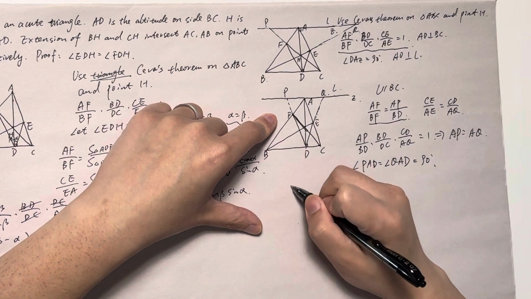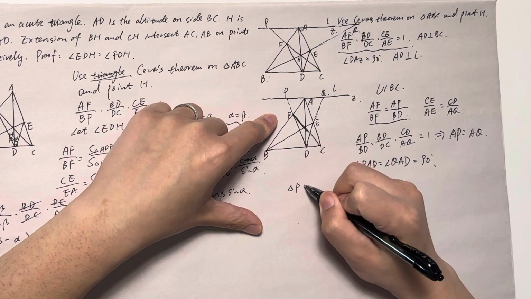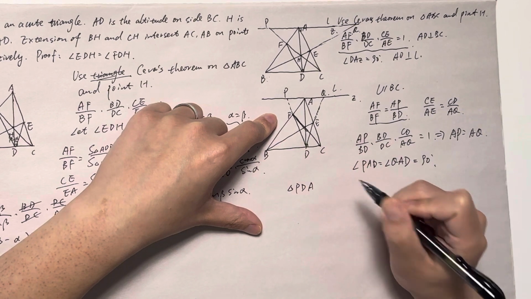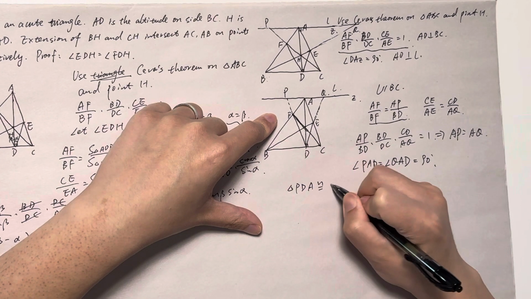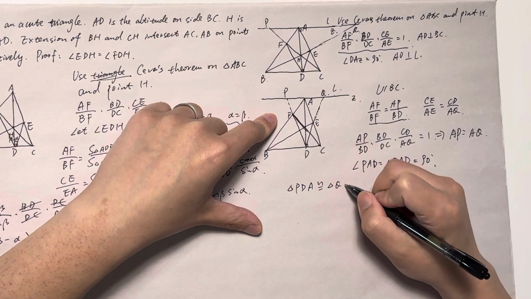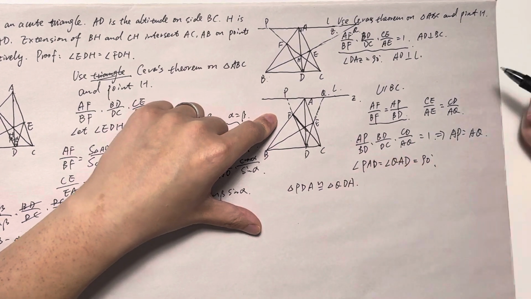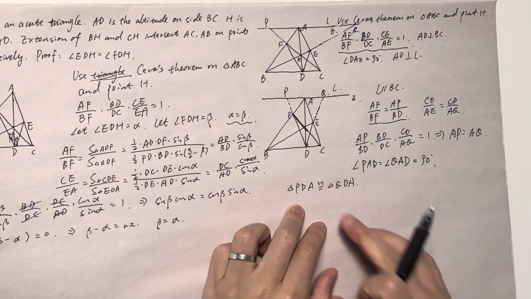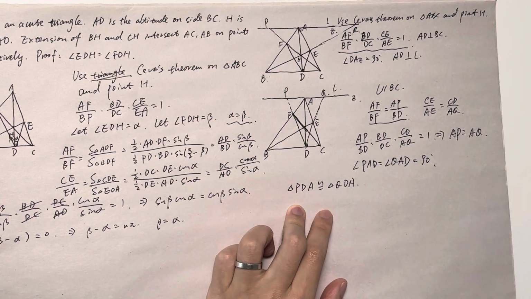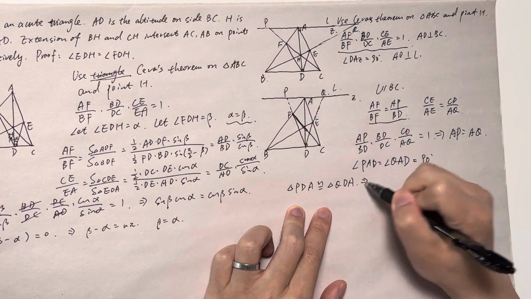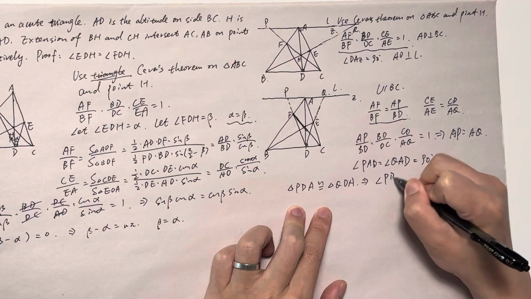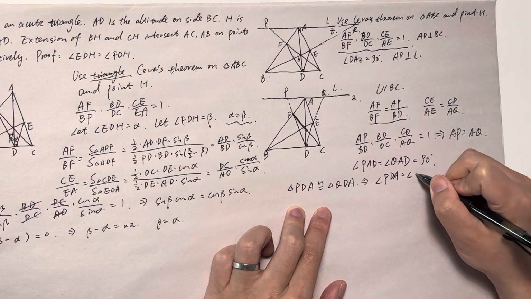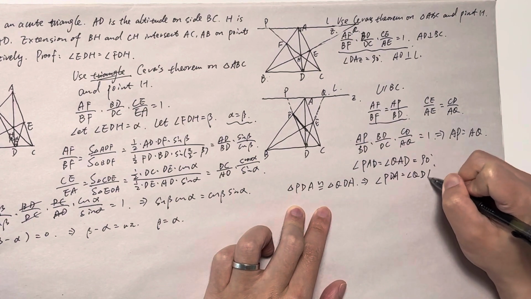So triangle PDA and triangle QDA are congruent, right? They are congruent. And from this, we got angle PDA equals angle QDA.